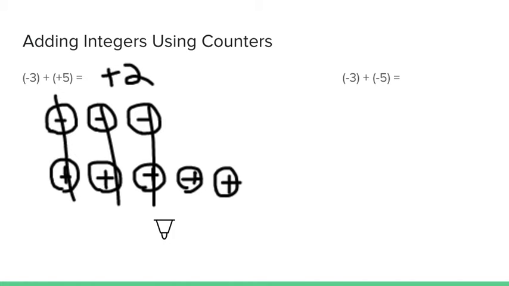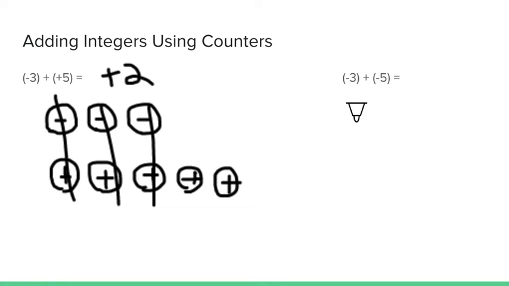Pretty straightforward. Again, guys, let's try again here. So you're going to get matching pairs when you have opposite symboled integers. When you have both positives and negatives, you're always going to have to cancel out matching pairs.